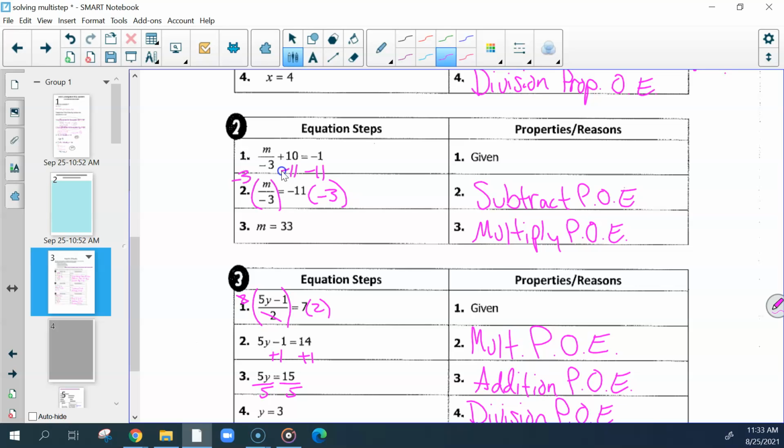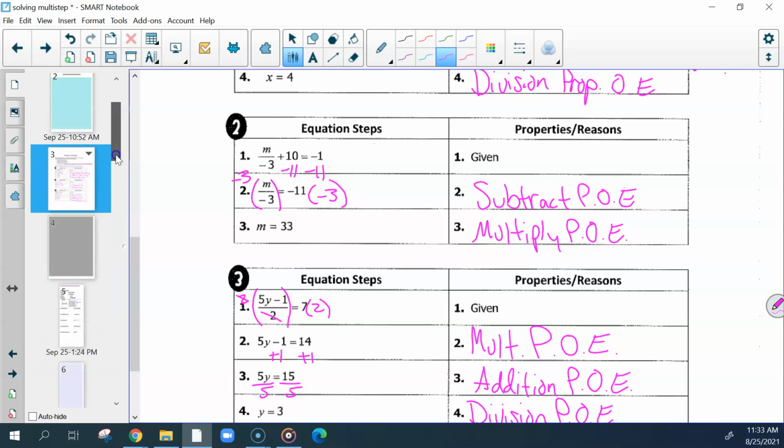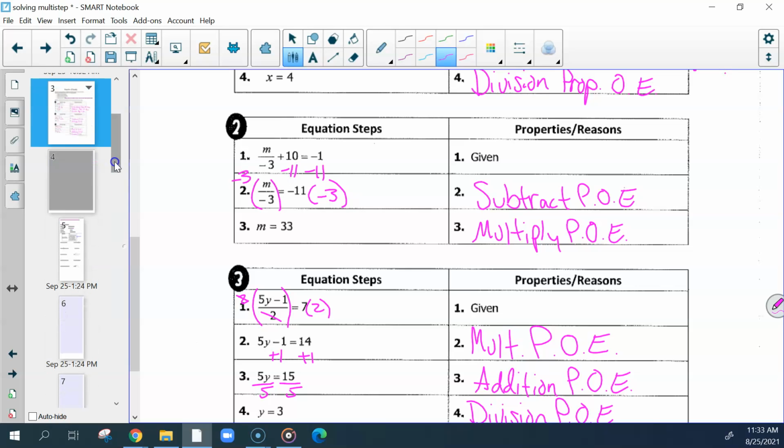Okay. Any questions on this? No. And again, this is just thinking through the process of what is happening in each step. Anyone still need this before I move to the next one?